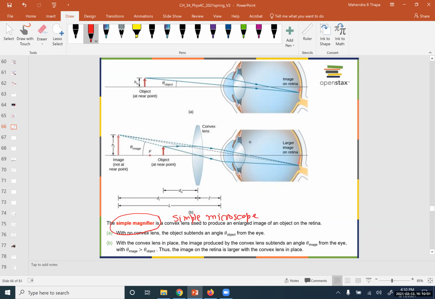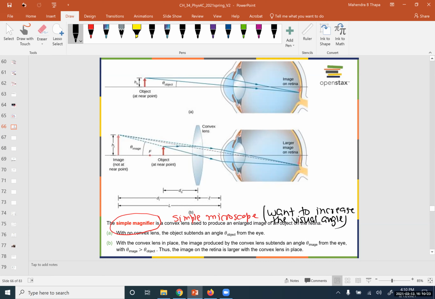Okay, so in this case we want to increase the visual angle.